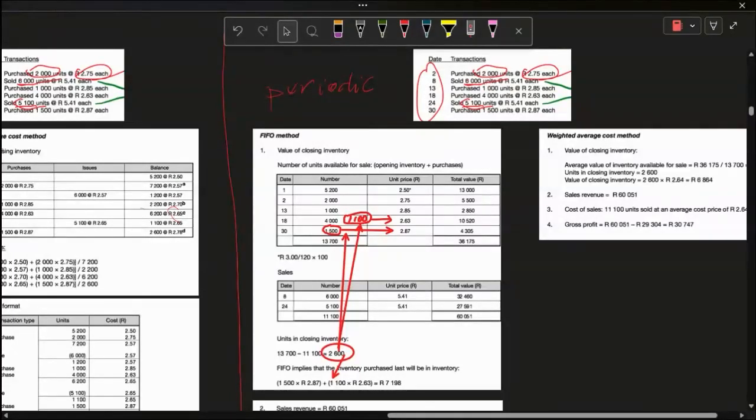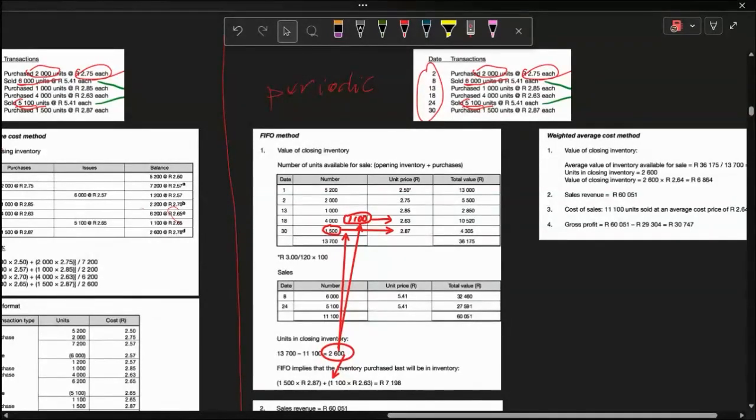Because we do a periodic stock take at the end of the month, for example, then we will check how much did we buy during the month, and how much did we sell. Then we check our profit or loss. Is everybody understanding this?